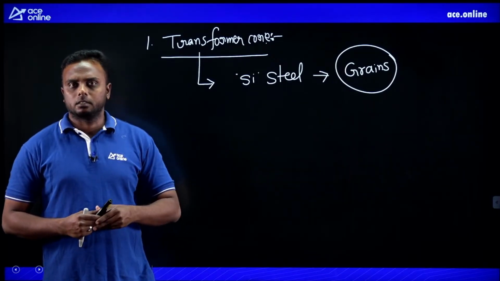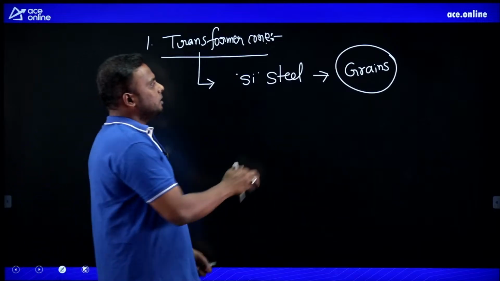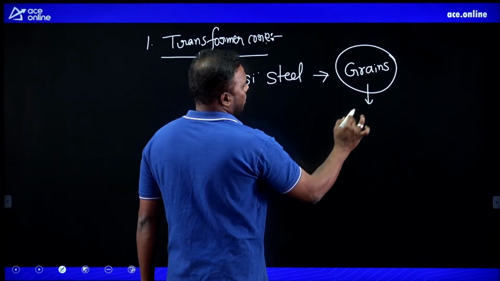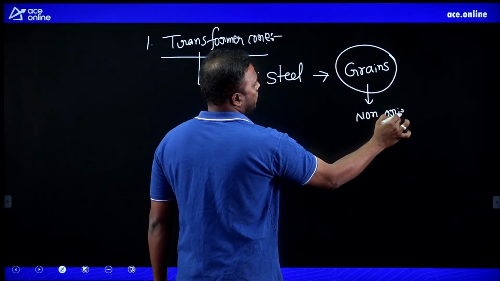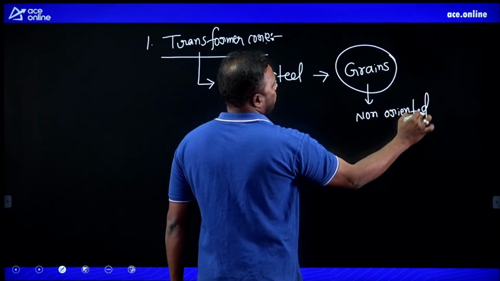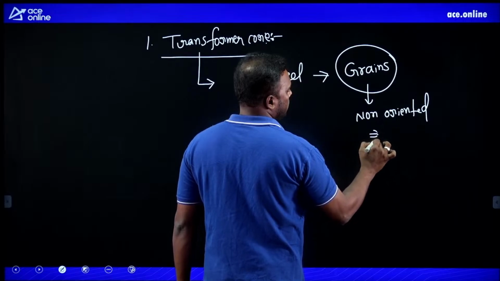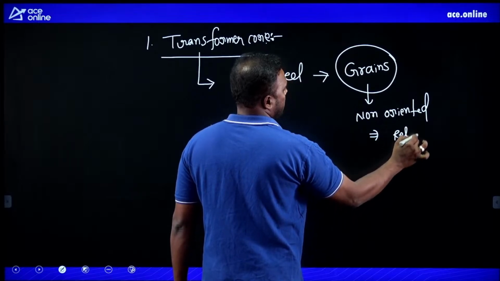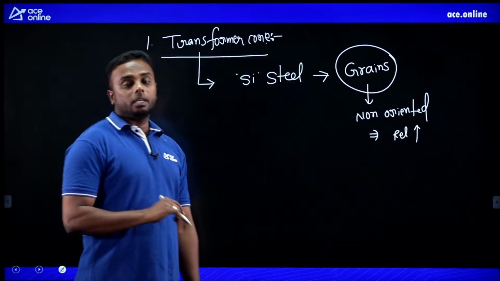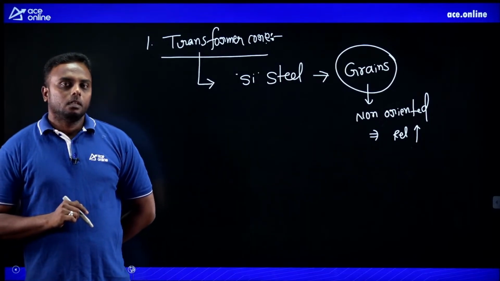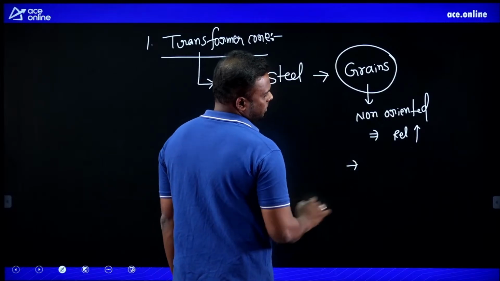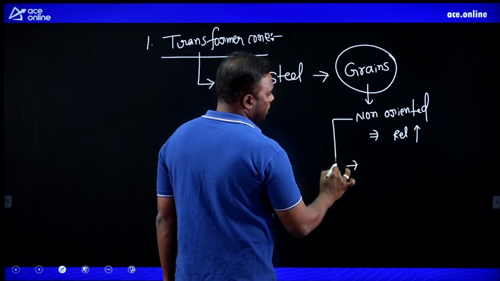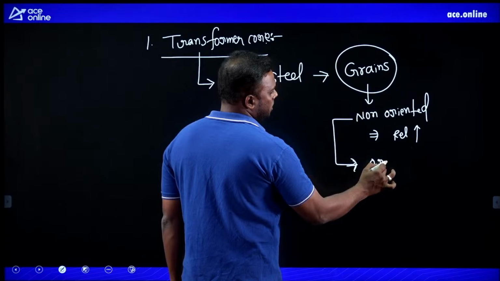And in normal silicon steel, these grains are non-oriented. Because of non-orientation, the reluctance of the steel slightly increases. That's why we need to provide orientation, converting non-oriented steel into oriented steel.